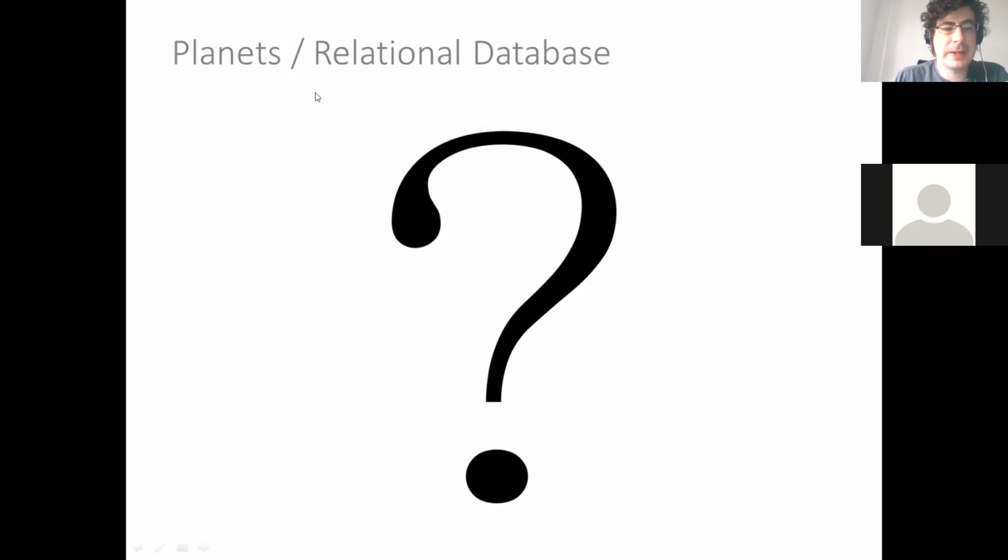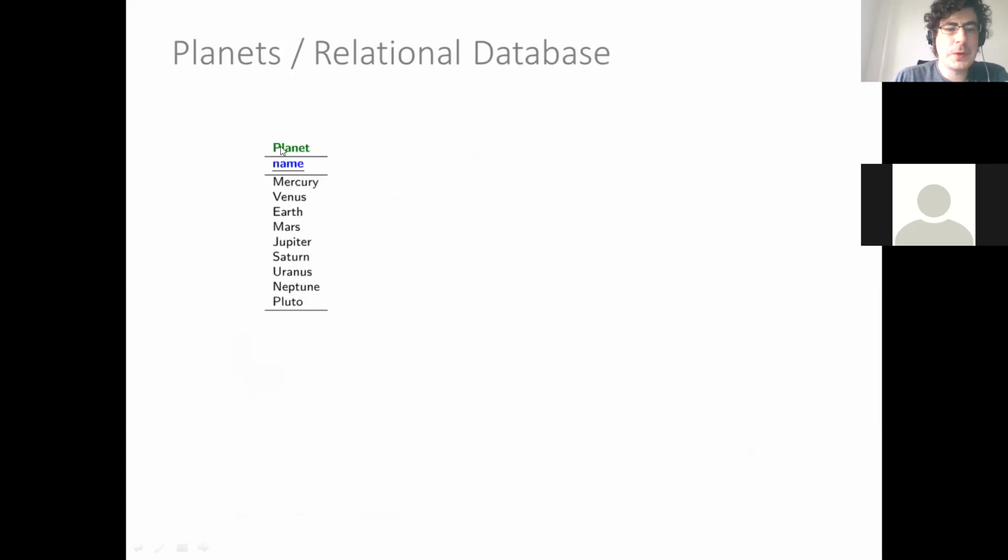So in this particular example, I'm going to assume that we are going to describe and index some data about planets. And at the start, we don't know what we want. We just want to collect as much data as possible about planets. So we might start with the names of the planets, where we have the name as the primary key, meaning that we can't have two names in this table the same.